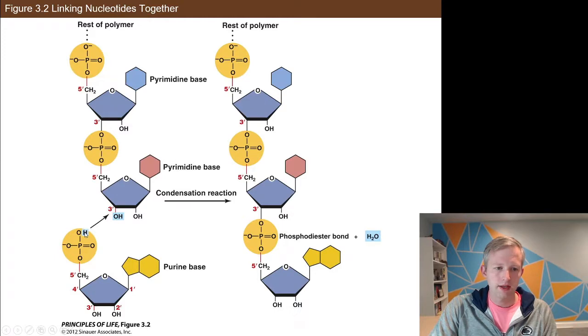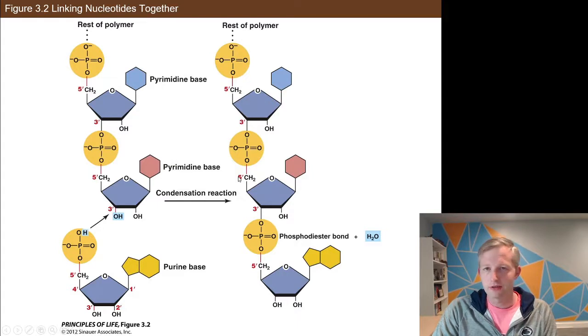You see that an H here on the phosphate group and the OH hydroxyl group on this sugar are responsible for forming that water molecule that's pulled out. The oxygen here then links up to the carbon here that's missing a bond, exactly what we've seen before. We call this a phosphodiester bond.